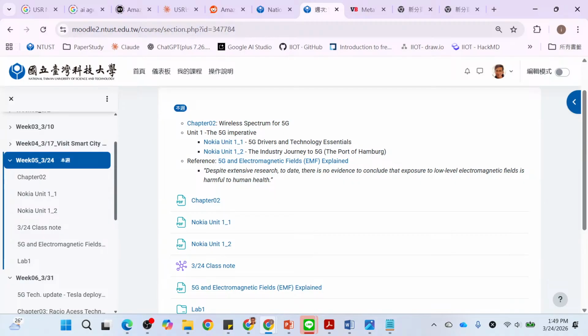Okay. And so we have to know the spectrum. That's what we are going to talk about in chapter 2. But before the year 2015, we only talked about frequencies under 6 gigahertz. This is not talking about generation. It's talking about gigahertz, the frequency.